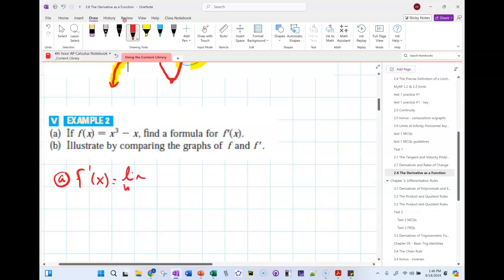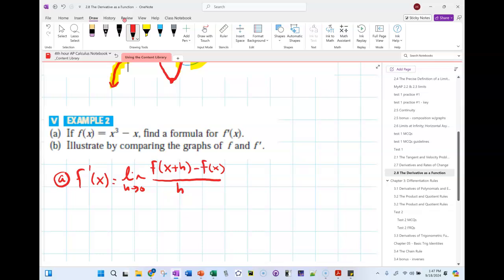That's the limit as h approaches 0 of f of x plus h minus f of x all over h, right? What do I do now? Great, I plug that stuff in for f of x.